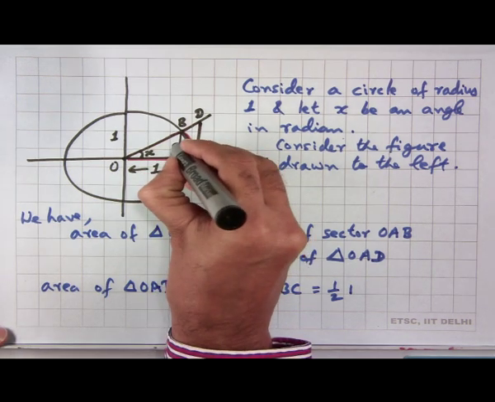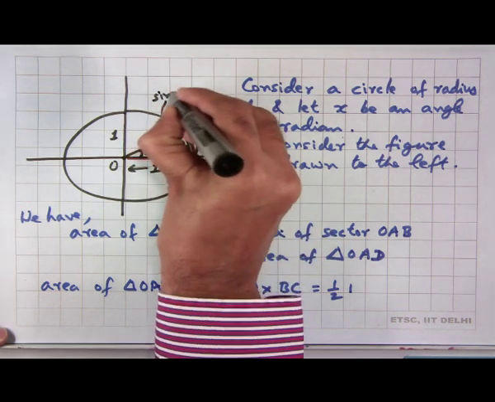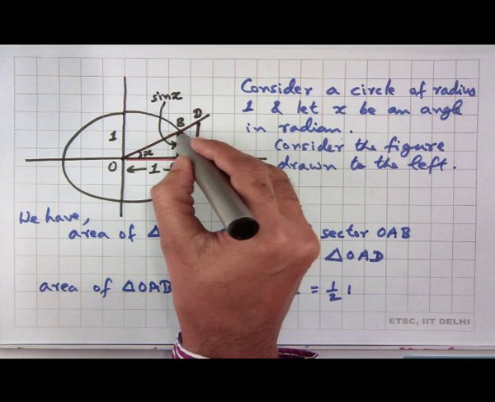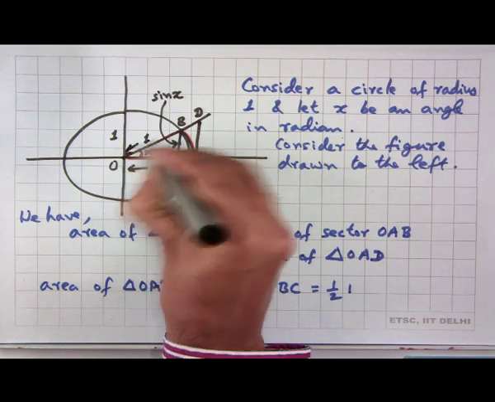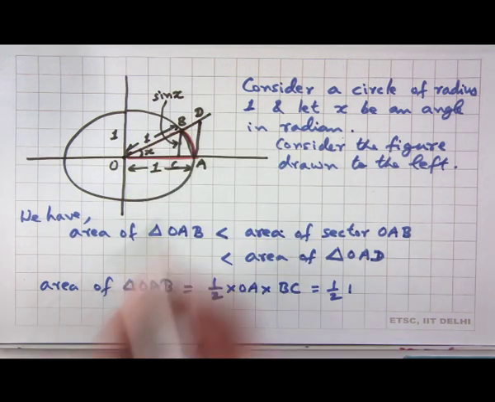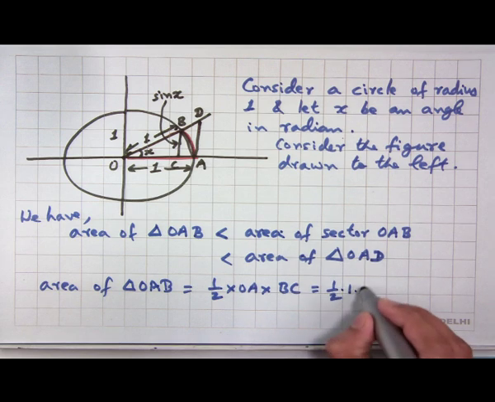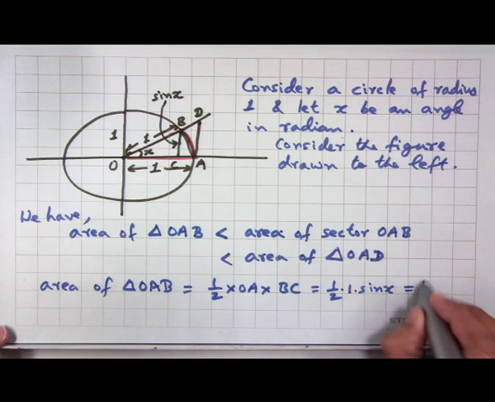So, this length BC is nothing but sin x, right. Sin of x is nothing but the ratio of the opposite side and the hypotenuse, which is 1 here. So, sin of x is BC divided by 1. So, BC is equal to sin x. So, this is half times 1 times sin x. So, we get area of triangle OAB is equal to half sin x.